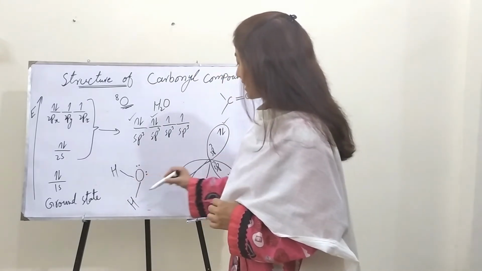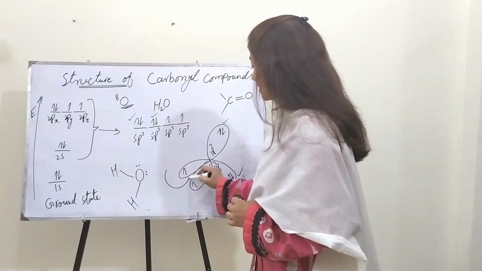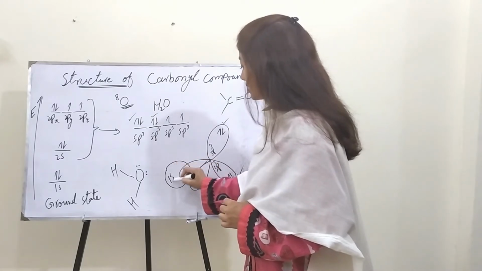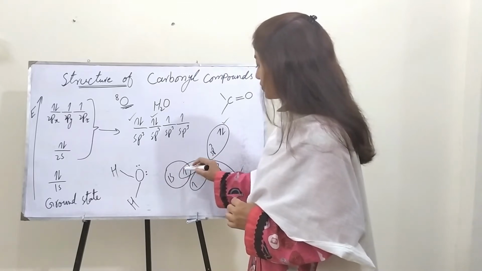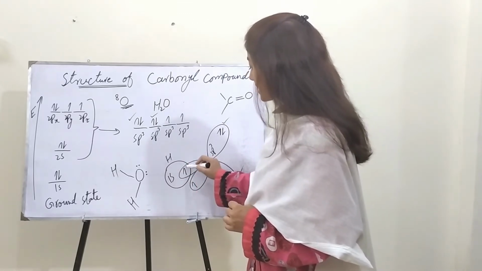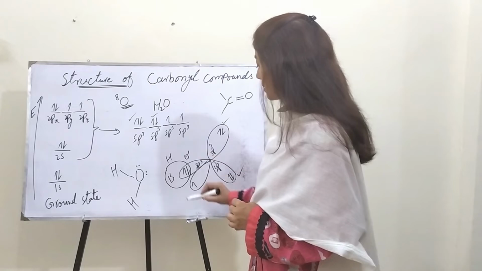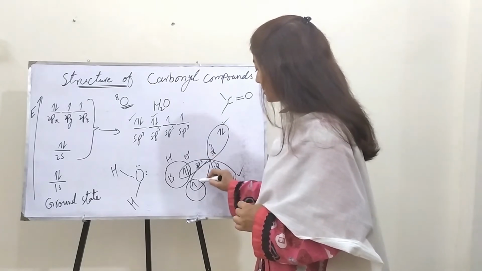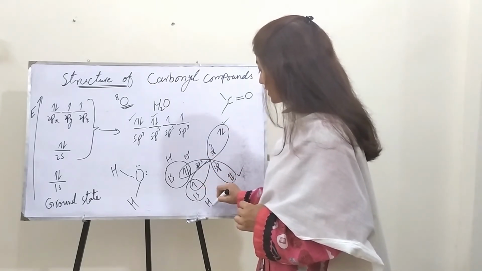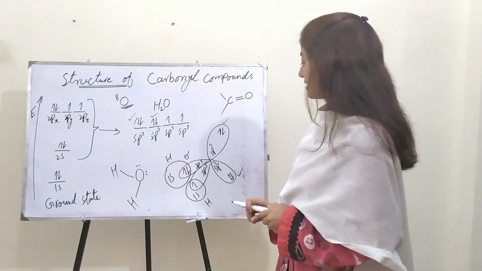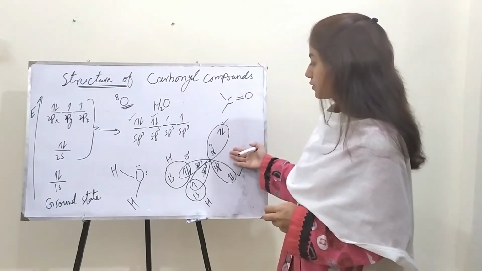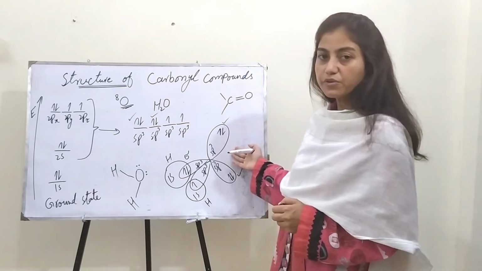And these hydrogen atoms, here this sp3 hybrid orbital would overlap with the 1s orbital of the hydrogen atom, forming a sigma bond, and similarly this would also behave likewise, and in this way it would show a tetrahedral geometry.